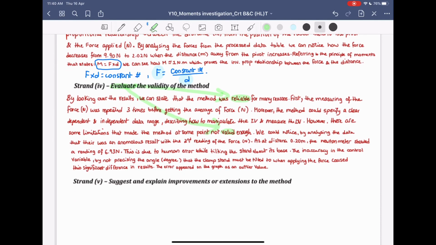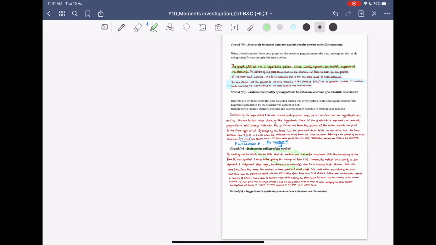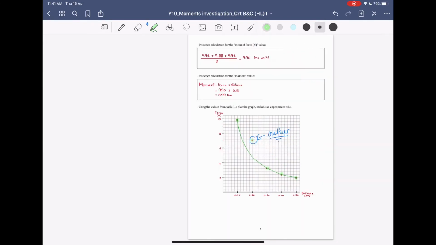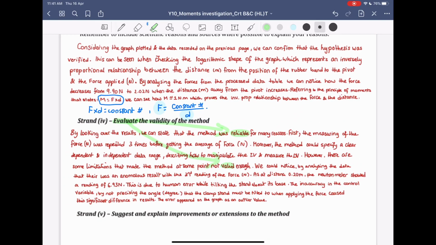We could notice by analyzing the data that there was an anomalous result with the second reading of the force in Newton. I need to outline this, not only to state it. So you take the readings from the table and you just write them in the paragraph. So you say, at distance 0.20 meter, the Newton meter showed a reading of 6.93 Newton.